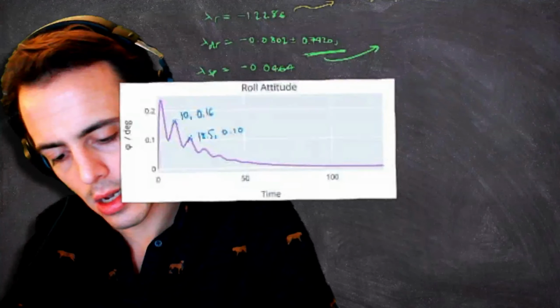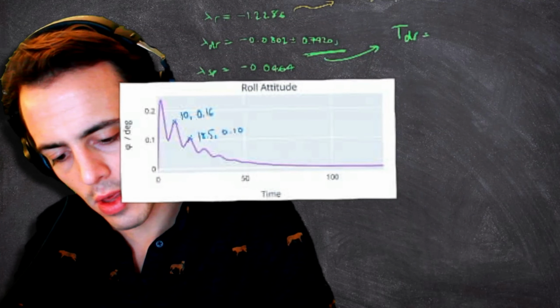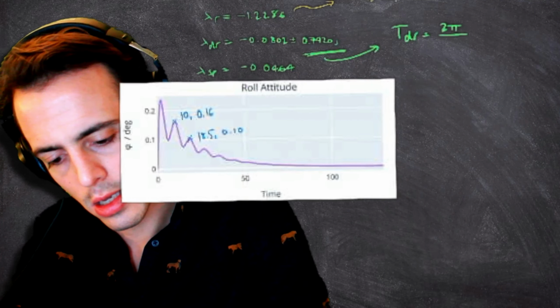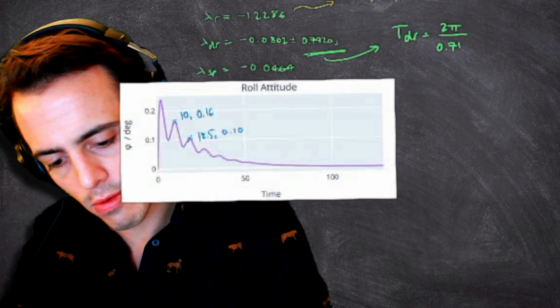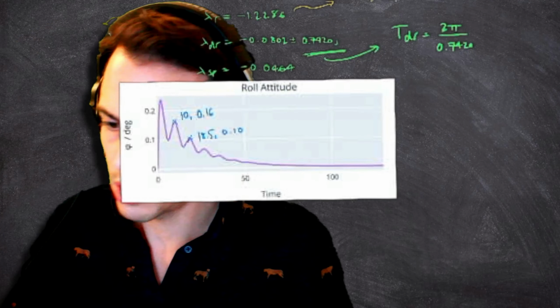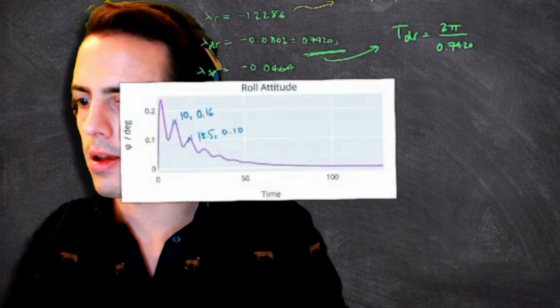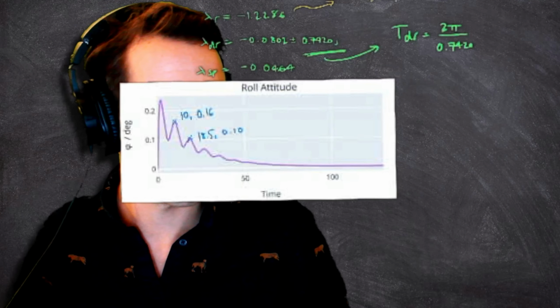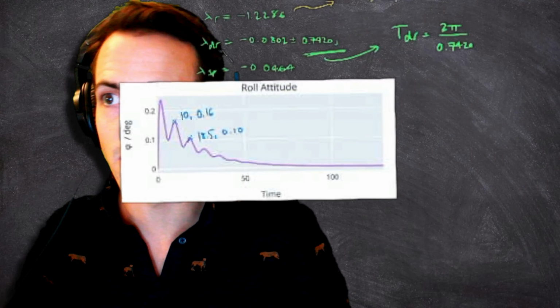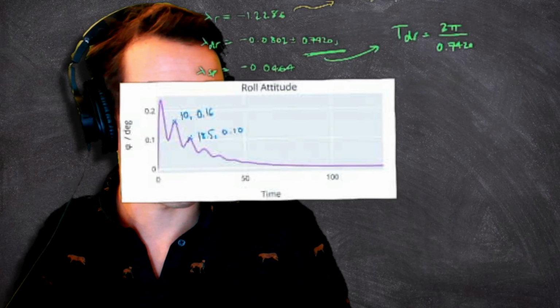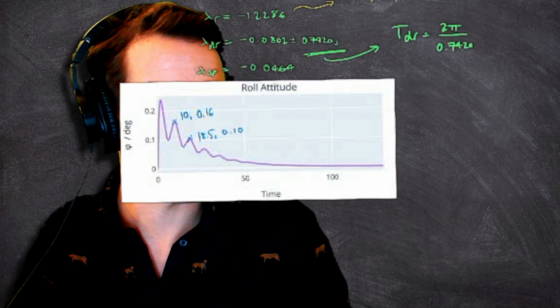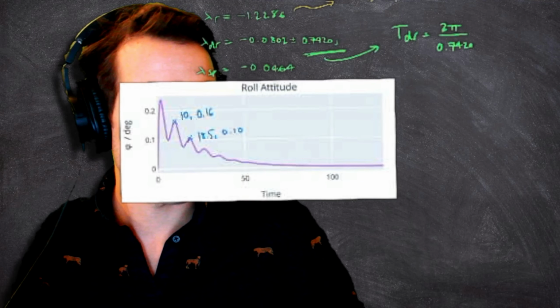So the period of the Dutch roll is equal to 2π divided by 0.7420, which I really wish I had my calculator. Well, I know it's about 8.5 seconds because I can see that on the graph, and from memory that's what we calculated it to be. But let's just confirm this.